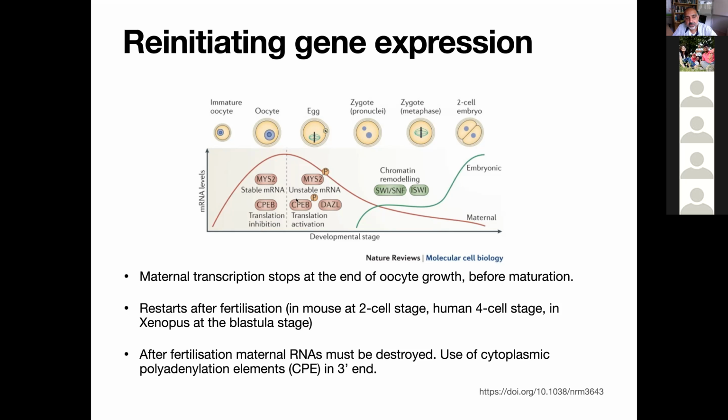These genes, CPEB and DAZL, on fertilization or once zygotic genes need to be activated, are phosphorylated or dephosphorylated to cause the destruction of the maternal RNA. Okay.